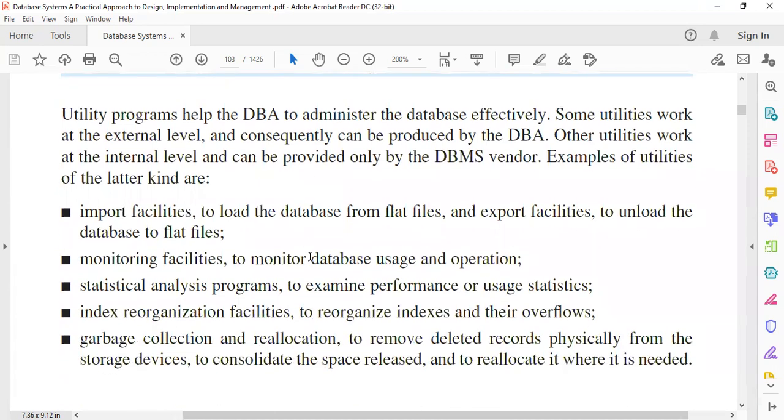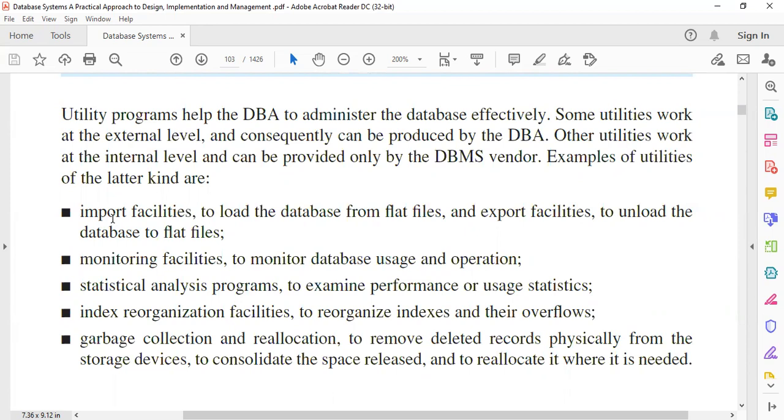For example, import facilities. If you want to load the database from files, or some data from flat files. You can also export data. For example, in our system, if I have your marks in Microsoft Excel, it's possible for me to upload them into the system and they fit in there. I can also export some Microsoft Excel data from my database.